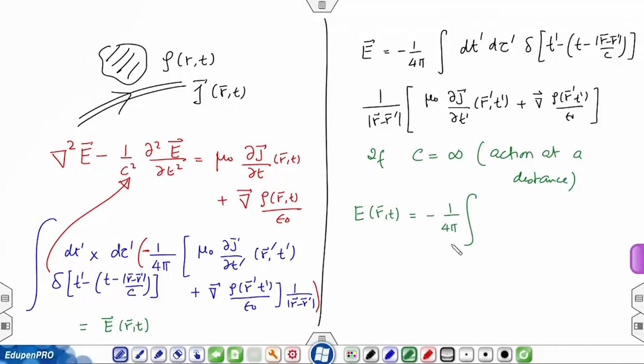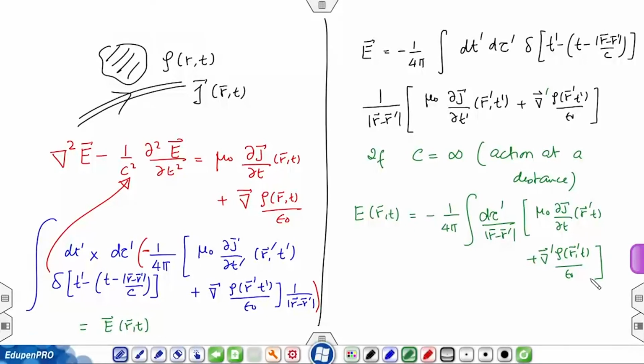Because the second term in the wave equation does not exist, it is just the solution of the Laplace equation. There will be no delta function, just 1 over mod r minus r prime, just like the potential of the source term, times mu 0 dJ over dt at r prime t plus grad of rho at r prime, t over epsilon 0. That is it. That would have been the answer, because everything is propagating instantaneously.